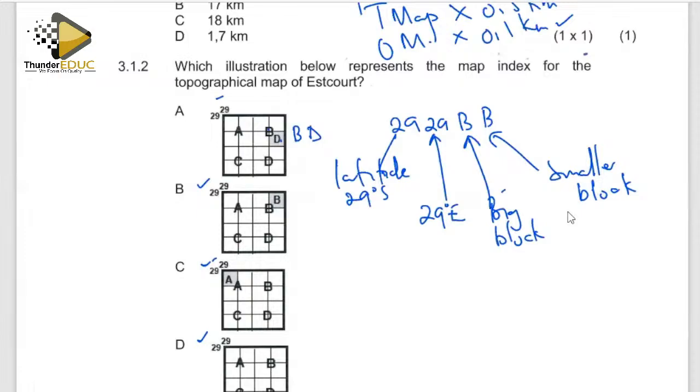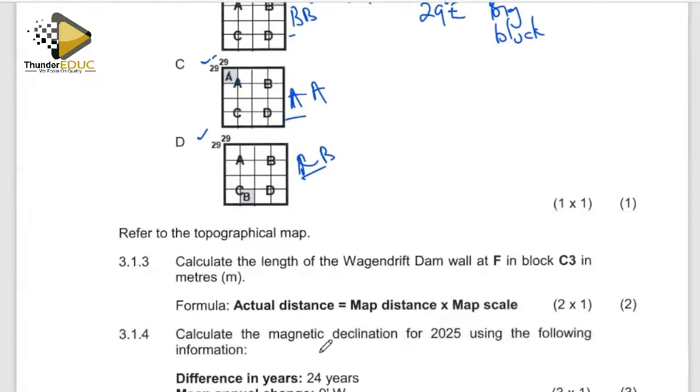This one is 29, 29, bigger block B, smaller block B. If this is our map reference, this is going to be the correct response in that instance. Using it as an example, this is 2929A, bigger block A and smaller block A. This is 2929, bigger block C and smaller block B. So these are the references of these four given block references.